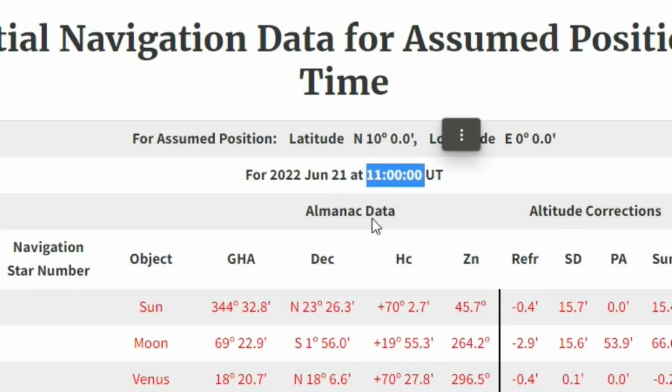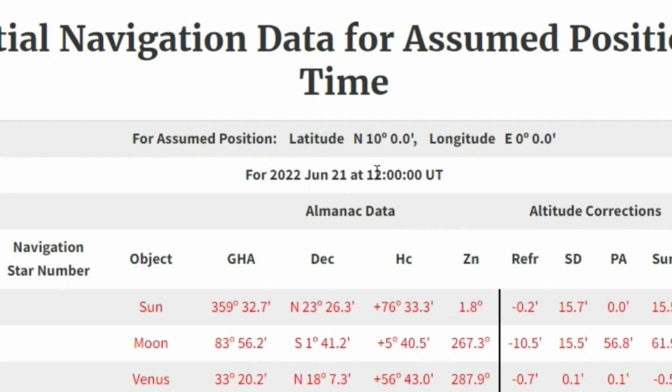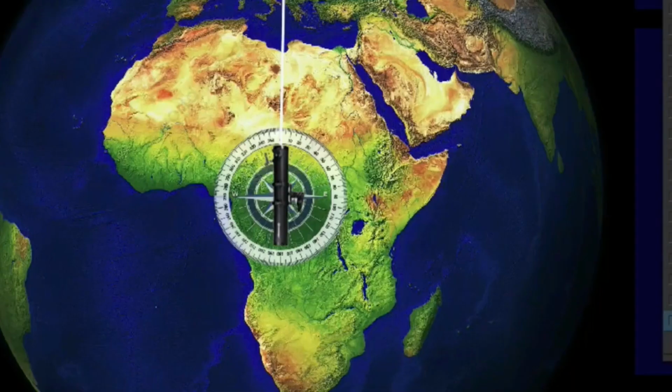Here, 11 o'clock. On June the 21st, the observed sun has an azimuth of 45.7. And an hour later, at 12 o'clock, it has an azimuth of 1.8. I checked different locations. Some do more and some do a little bit less. So this is the jump it makes in an hour.